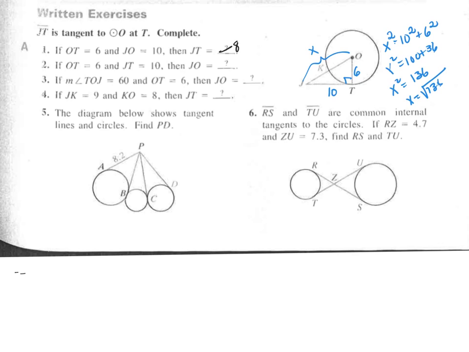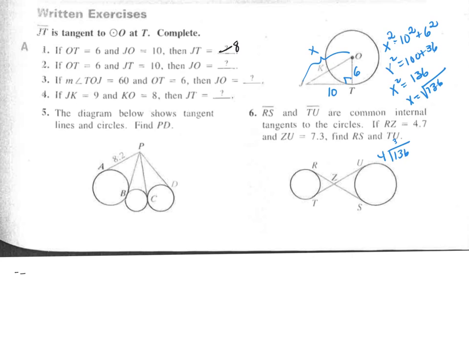Now, I'm looking back at my directions. My directions do not tell me if I should leave it in decimal form or if I should make this as accurate as possible. So I'm either going to pop that in my calculator and get a decimal, or I can see that 136 is divisible by 4.